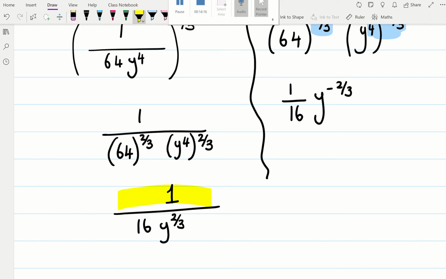So that answer is exactly the same as that answer, but that's a fraction, and that's still got a power. Often they don't specify, and a lot of the time they will accept both. So whichever one you find easier to do, you can do.